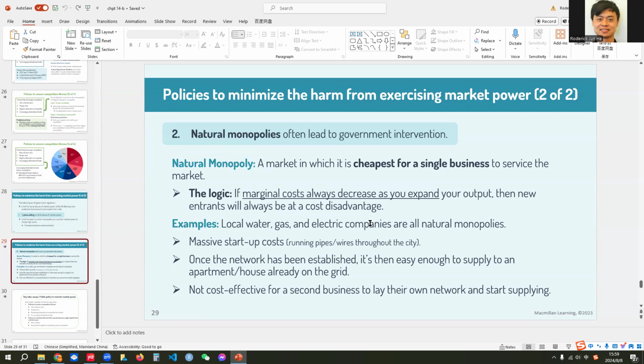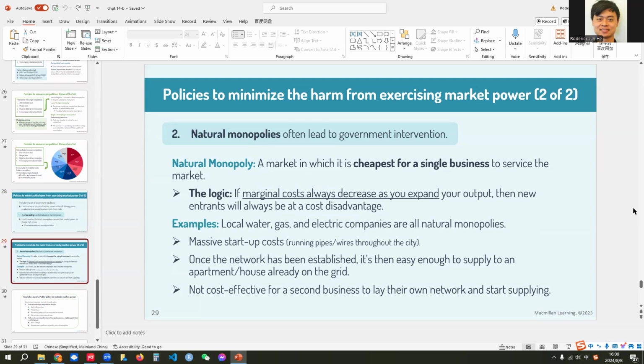Think about it this way. We have different houses, and each house needs one pipe, water pipe, power line, right? And we know the construction of that infrastructure is very costly, and maintenance too, right? So if it is just one firm running its way to your community, to your complex, and then branching out all those power lines and water pipes, that saves the cost.